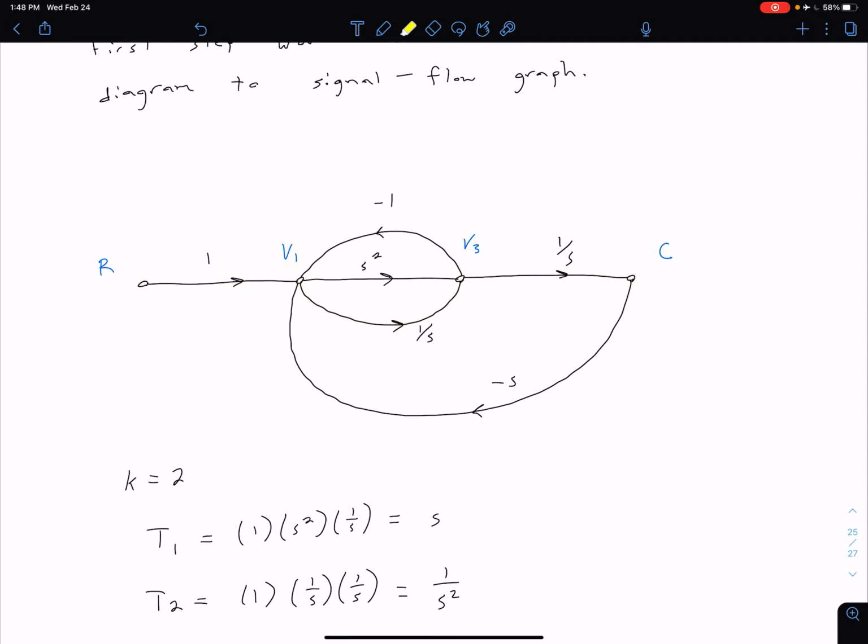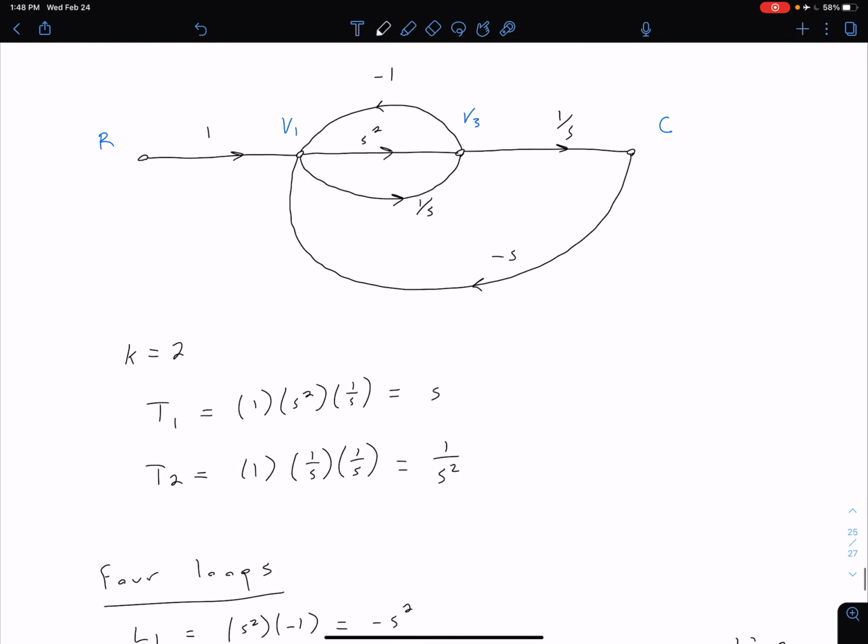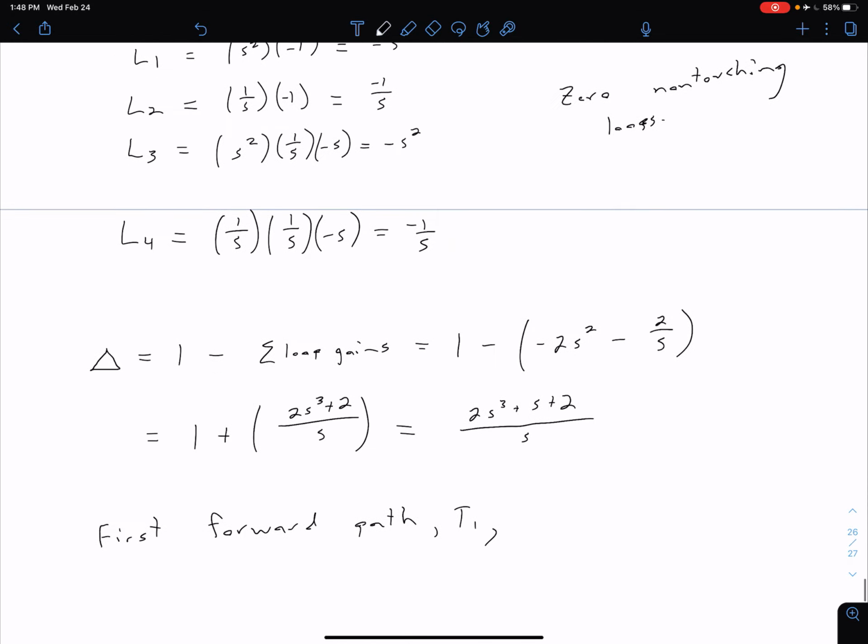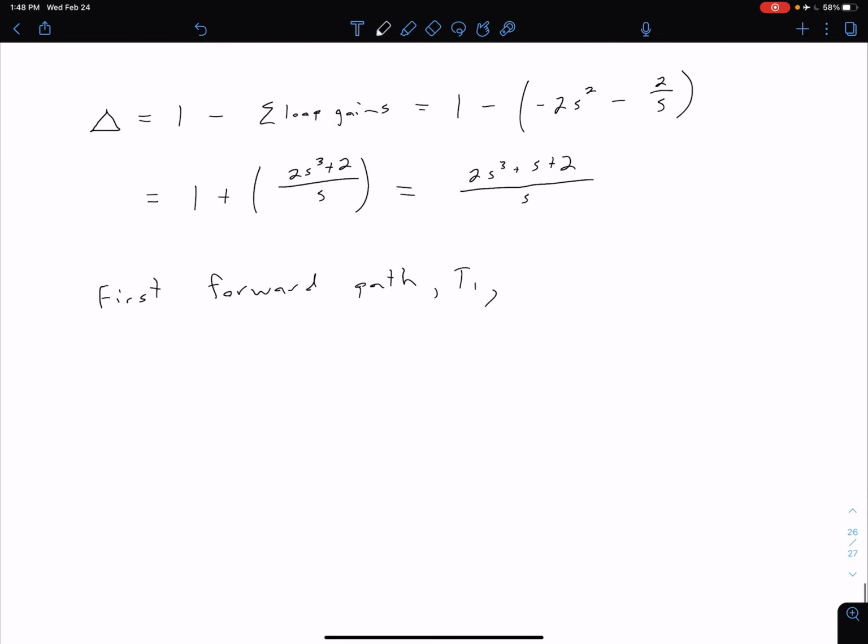So because both forward paths touch all 4 loops, we're going to have both of our delta terms equal to 1.